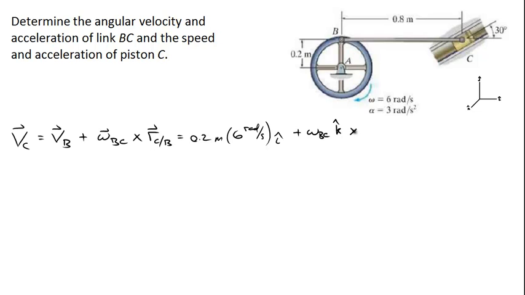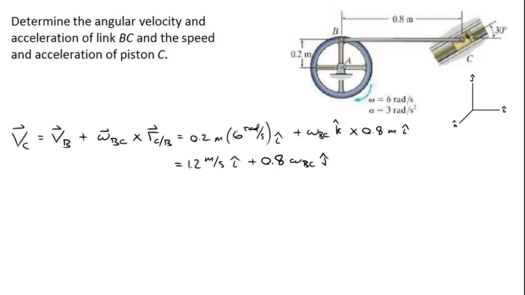And we're going to cross this with 0.8 meters in the I hat direction, which is the position of C with respect to B. So what I'll come up with then is 1.2 meters per second in the I hat direction. And when I cross k hat with I hat, what I'll get is a positive j hat direction if we're using right-hand coordinate axes, which we are. So that means for the j hat term, I'll get 0.8 times omega BC in the j hat direction.